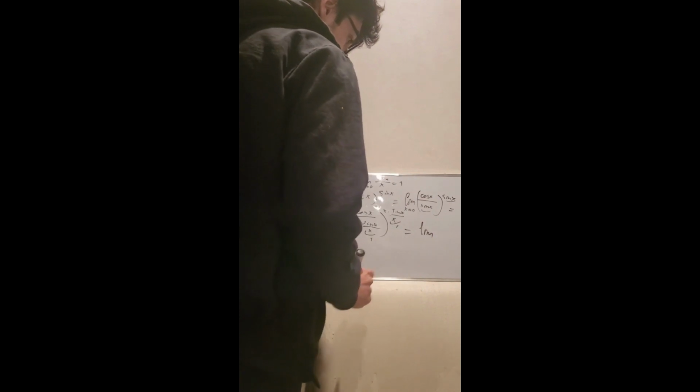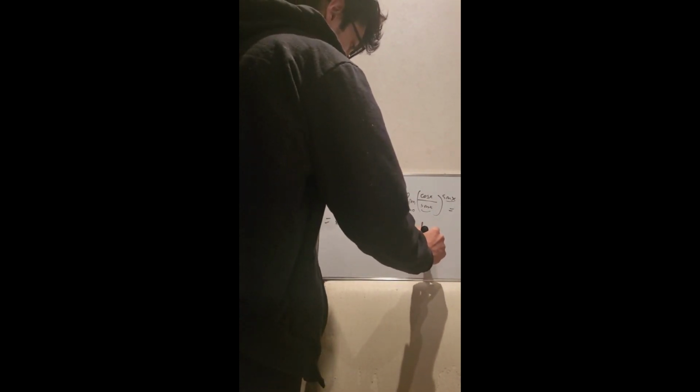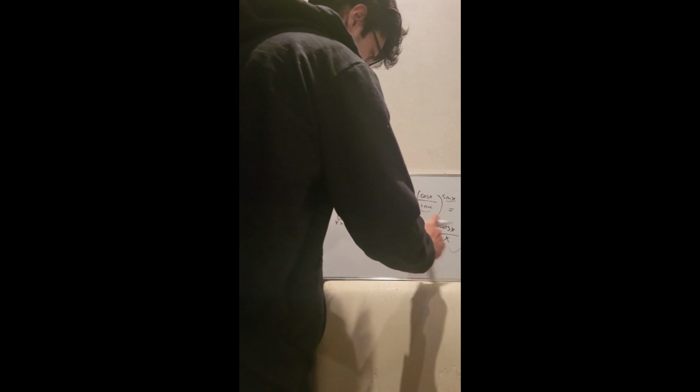So our limit is going to be limit x approaching 0 cosine x over x, power of x. So our final version is like this.